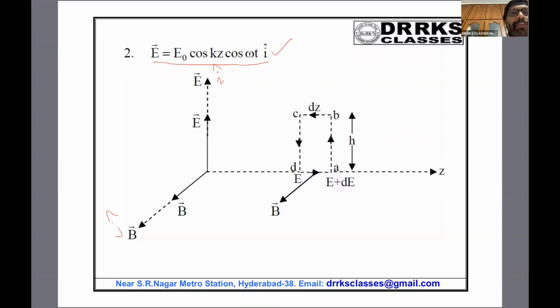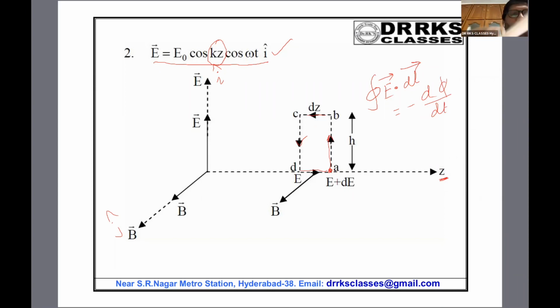The wave is traveling along the z-axis. If you take a closed path A to B, B to C, C to D, and D to A, I am going to apply the concept integral of E dot dl is equal to minus d phi by dt according to Faraday's law.